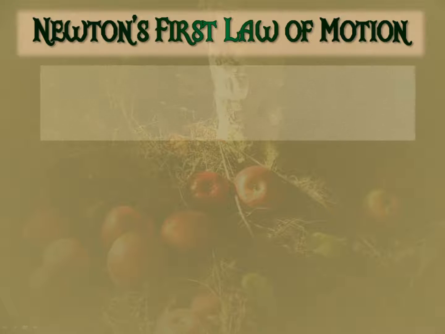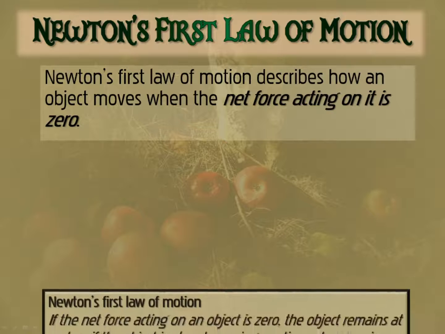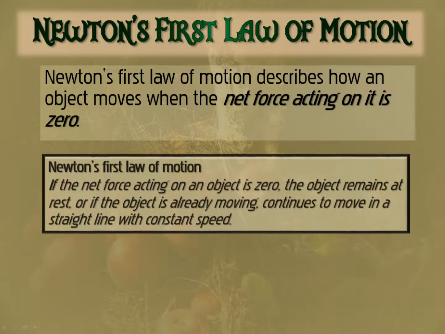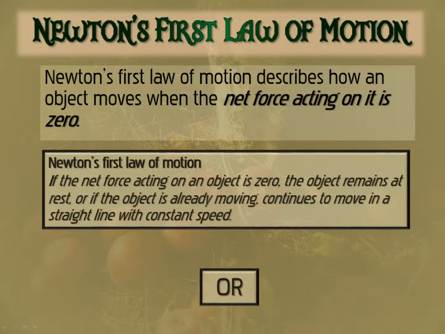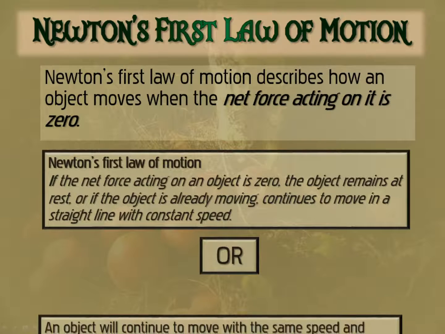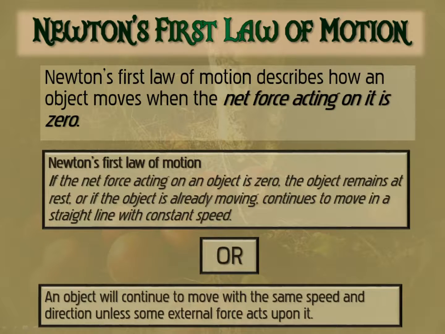So we'll get right into the first law of motion, and I'm going to define both laws formally and then in a slightly less formal sentence. So Newton's first law of motion describes how an object moves when the net force on it is zero.